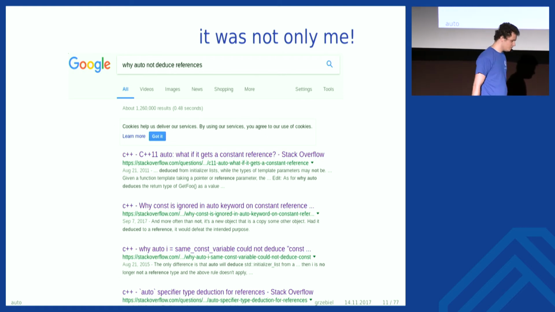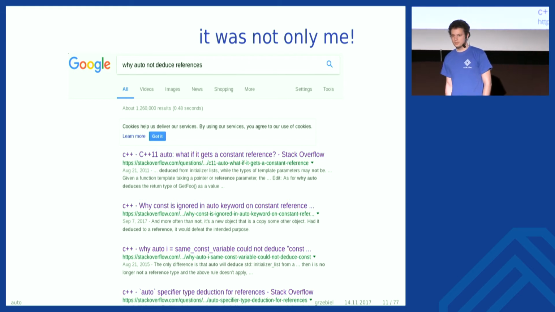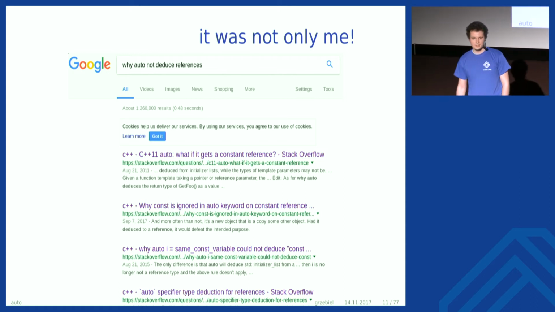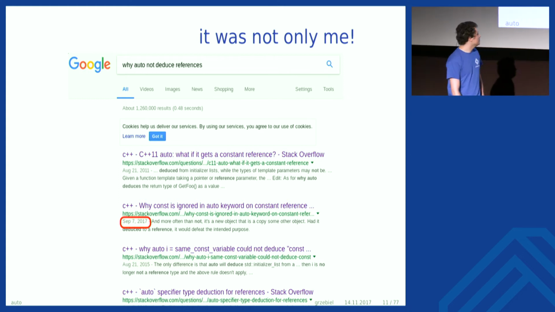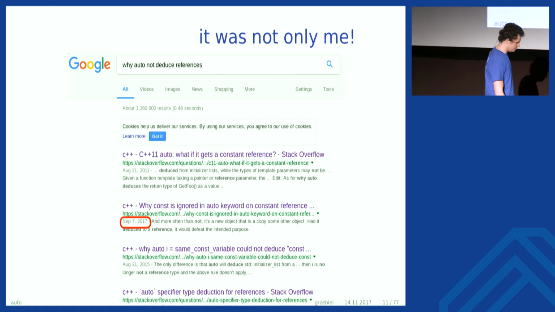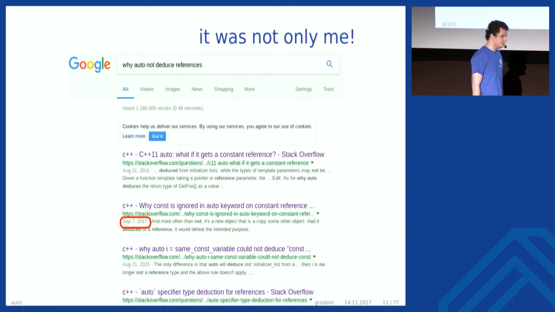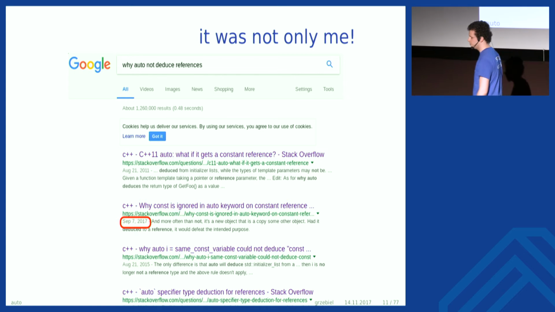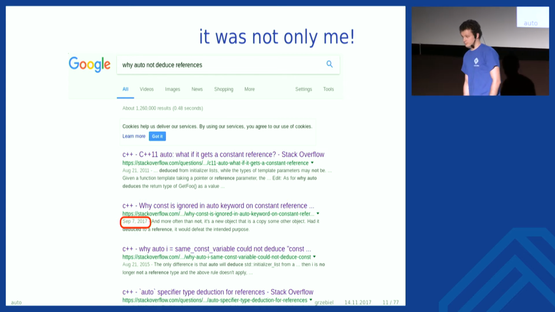If you go through, there are a few pages of these questions, and the fun fact is that none of these questions was marked on Stack Overflow as a duplicate. If you look in more detail, you can see that there is a question directly from this year. So 6 years after introducing this standard, we still find this behavior quite counterintuitive.